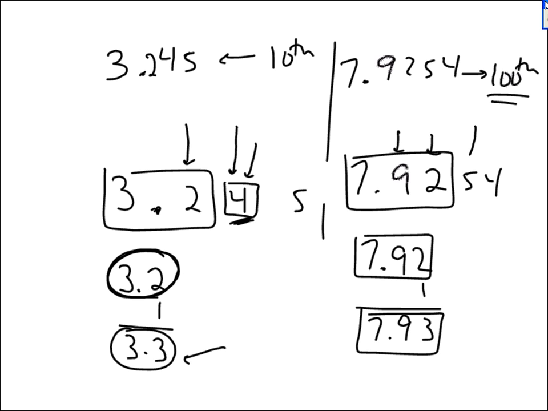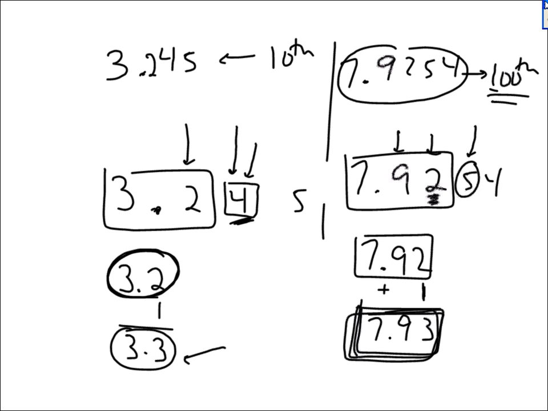Look at the next digit to the right of the thousands. If this digit is 5 or more, you add the 1. If it's not 5 or more, that is, if it's less than 5, you don't add the number. Since it is 5 or more, we add the 1, and the final answer is 7.93. When you round this number to the 100th position, you get 7.93.